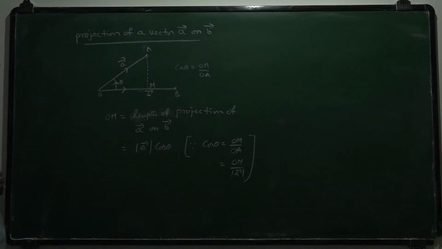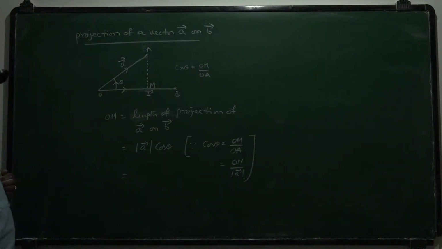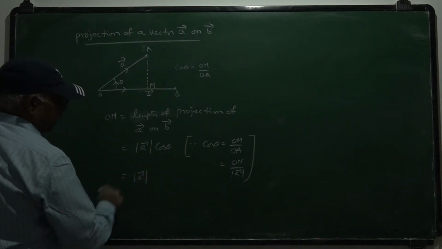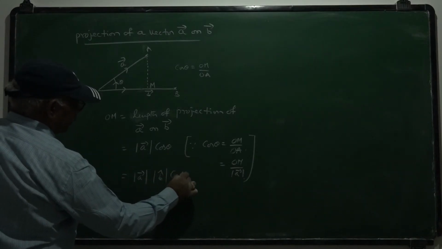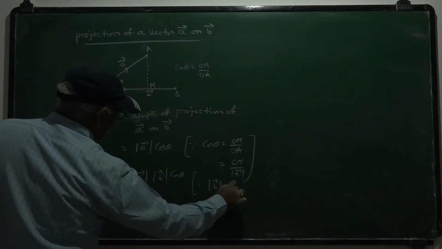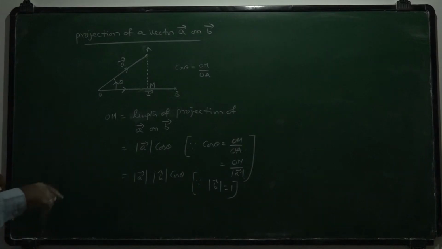This can be written as modulus of A bar and modulus of B cap into cos theta, since modulus of B cap is 1. So this OM may be written as mod A bar mod B cap cos theta.